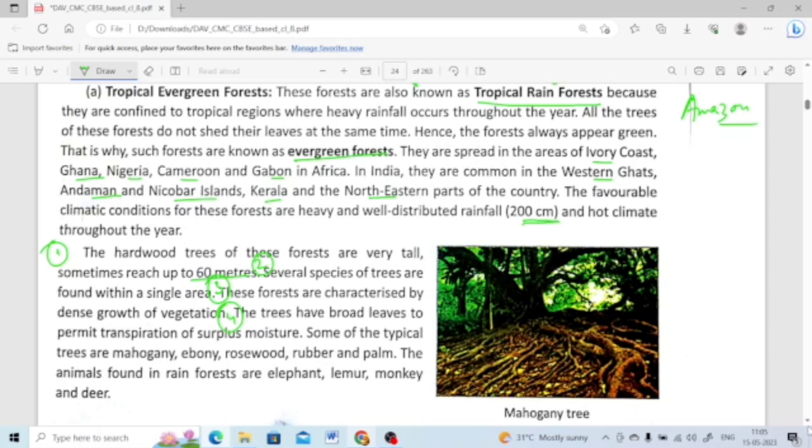Okay, some of the typical examples. Example doesn't come under a point, but you still can include it in a point. Some of the typical trees are mahogany, ebony, rosewood, rubber, palm, etc. And the animals found here are mostly arboreal in nature, who reside on the trees.